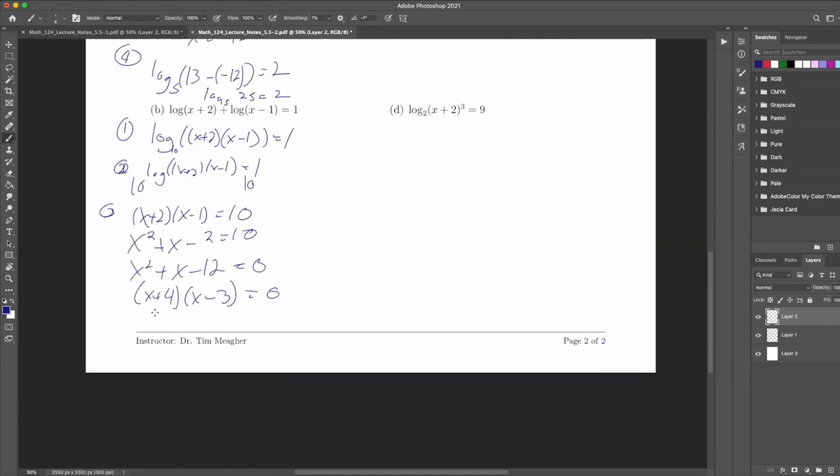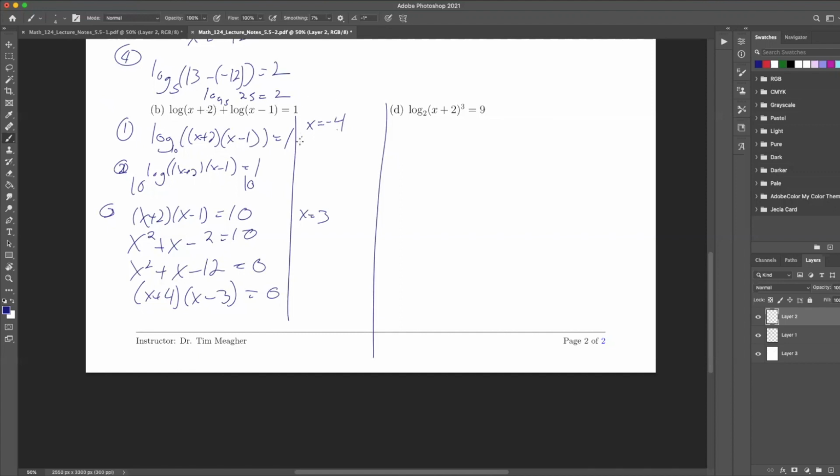All right, and so here we get the two factors. So we have x equal to minus 4. We have x equal to positive 3. X equal to positive 3 is pretty safe, right? Technically what you need to do is just plug this into here.